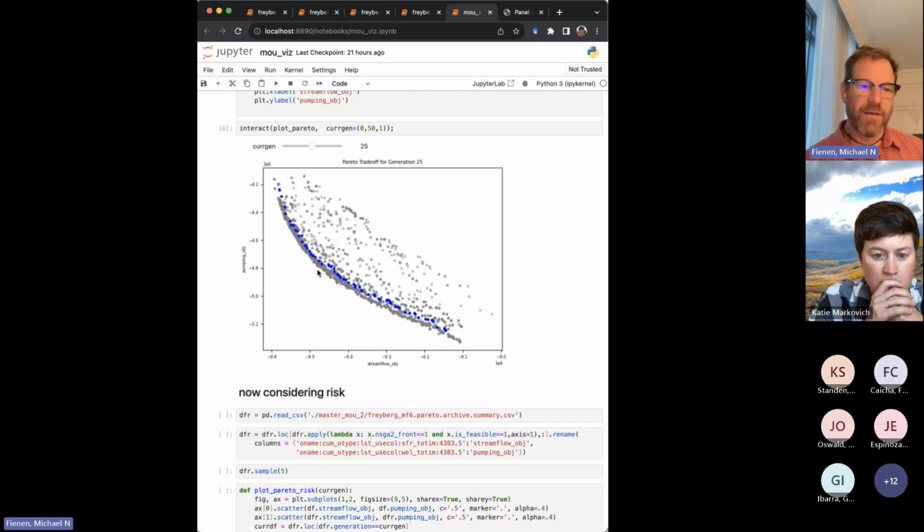A little bit of decrease in pumping might actually make a big improvement in stream flow, until you get out to these limbs here, right? Going from this pumping to this pumping has much less impact on stream flow than it does down here. Similarly, adding from this amount of pumping to this amount of pumping doesn't change stream flow as much. So there's some point where there's diminishing returns at both edges of this.